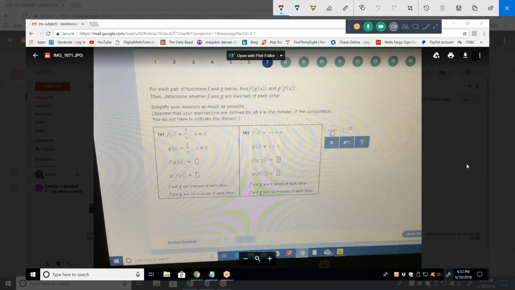So here we have, for each pair of functions, find f of g of x and g of f of x, then determine whether they're inverses of one another. Okay, so the first one. Let me write this up here. F of x equals 3 over x, and g of x equals 3 over x. What is f of g of x?